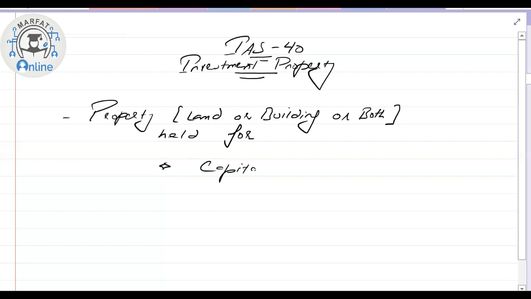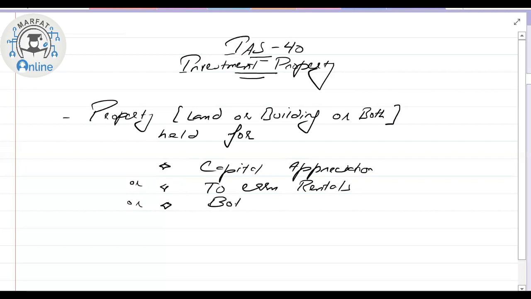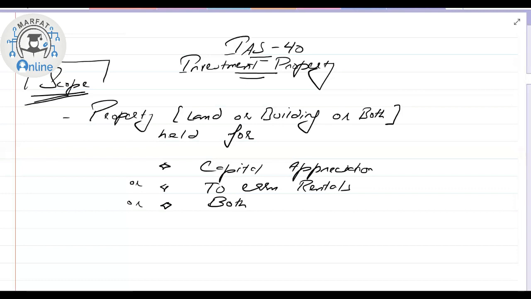Held for capital appreciation or to earn rentals or both. So that means we are currently studying the scope of the standard, which assets will be classified in IAS-40. So it is a property, land or building or both, which is held for capital appreciation.